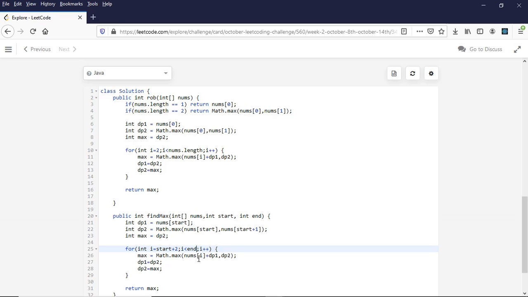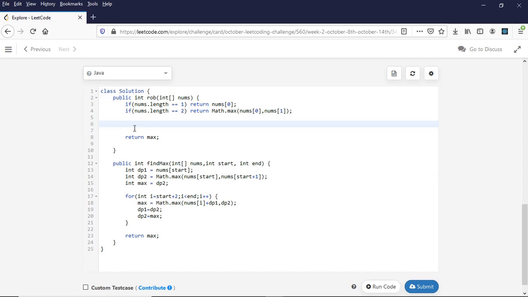Okay. Now, the rest of the things we can keep exact same, and here instead of this I can remove this and I can simply return here Math dot max of nums comma. Now, first I will start from 0 till n minus 2. Okay, n is my nums dot length. So, nums dot length minus 2.